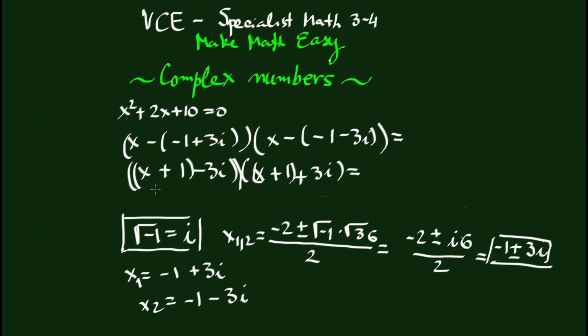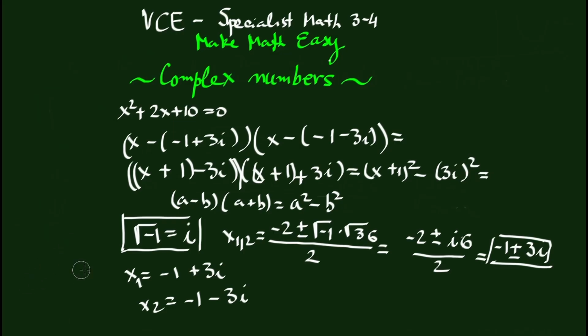so here is a minus b times a plus b, which is a squared minus b squared. So that becomes x plus 1 squared minus 3i squared.